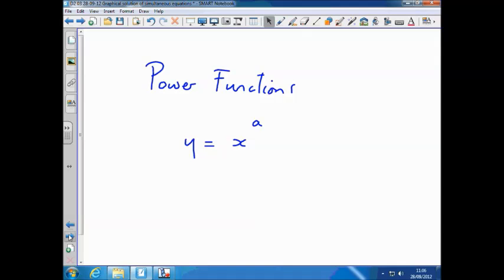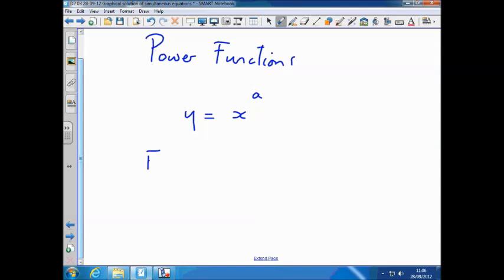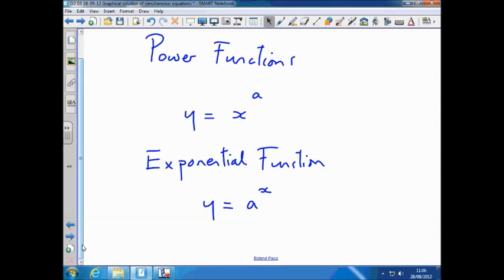The other type of graph that we're going to be interested in is the exponential function. And that has the form y equals a to the x. So in other words, this time the independent variable x is the power. So we've got some constant a raised to a power x, and that's an exponential function.